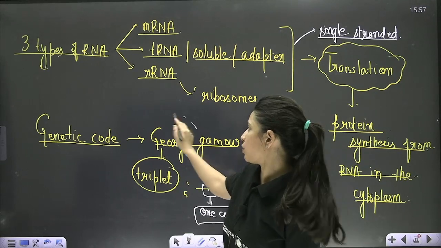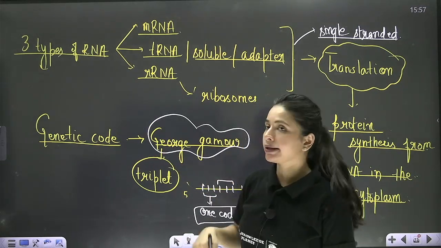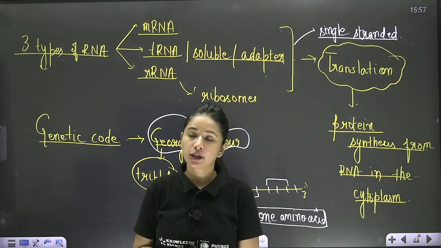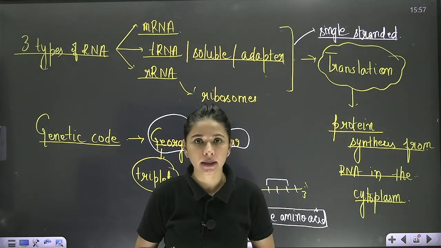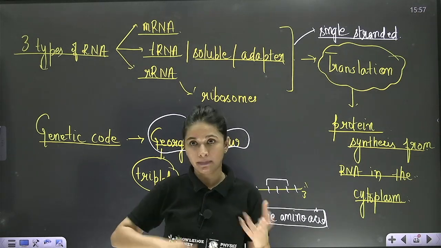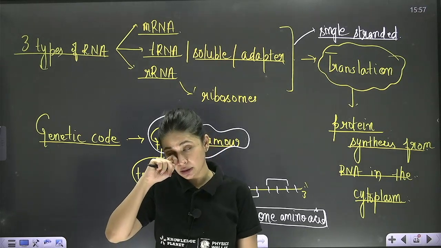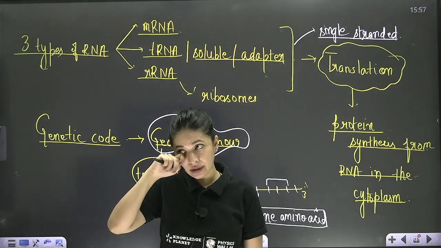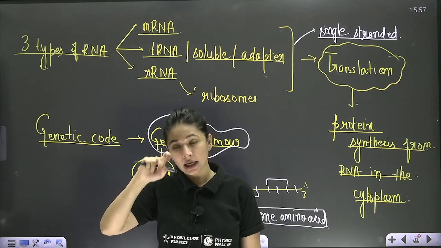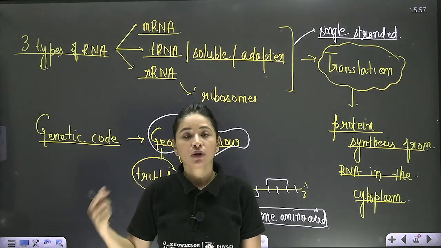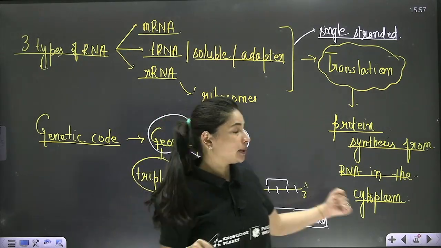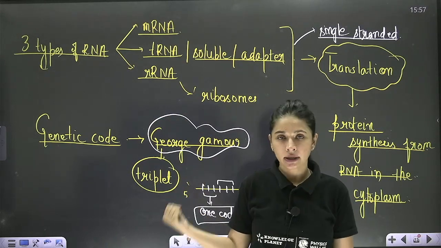Clear? So this concept of the genetic code being triplet, a question can come, you have to remember it was given by George Gamow, and later on it was experimentally proved by Matthaei and Nirenberg. These two were the ones who actually proved that the genetic code is triplet. However, its first concept came from the work of George Gamow.